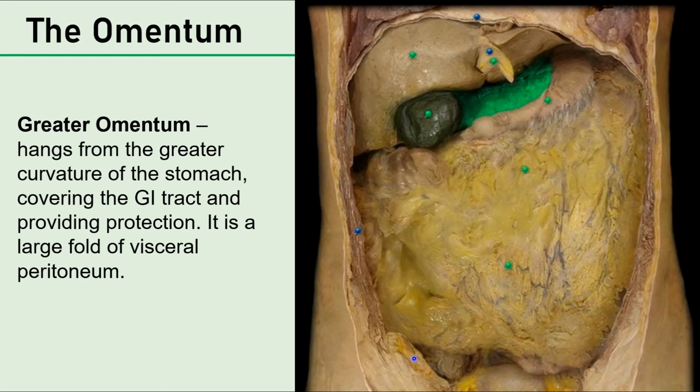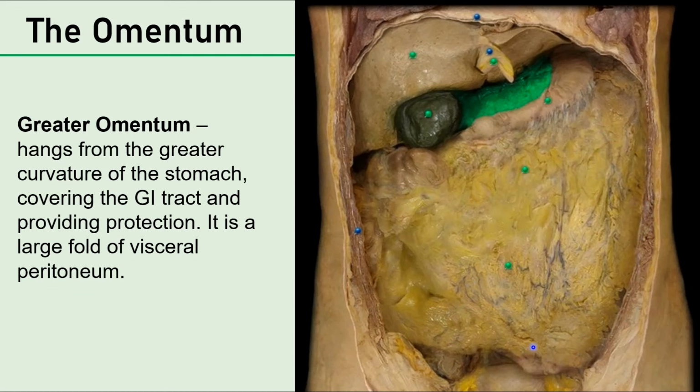So if you've got appendicitis down here, so an inflamed appendix, you will see that this will all kind of move in this direction and wrap itself around until that infection is either cleared or surgically removed. So this is why we say that it kind of provides protection. In people with increased body mass, there will be more fat within here, not subcutaneous fat, but more visceral fat found within the greater omentum.